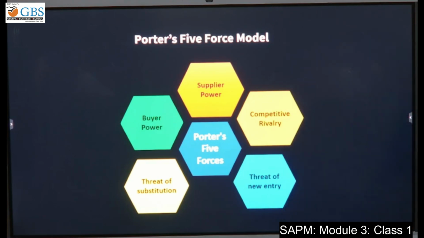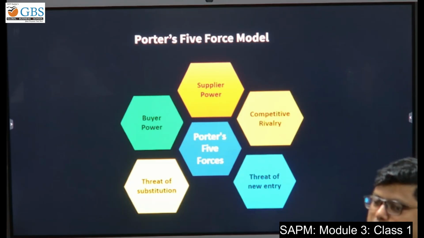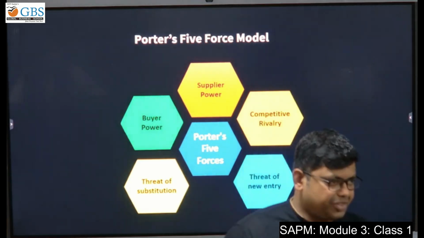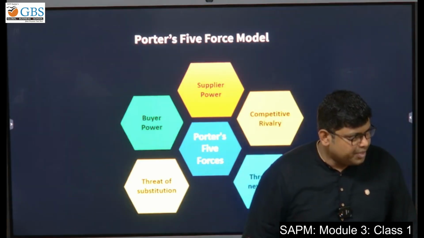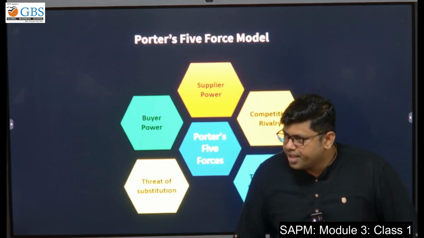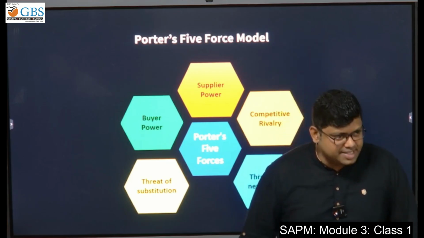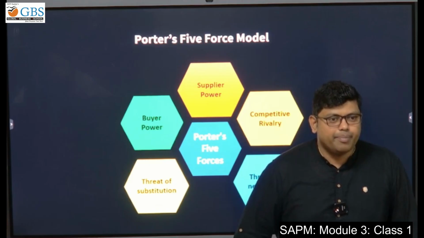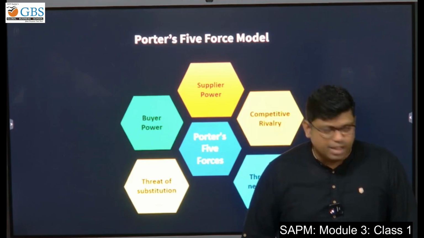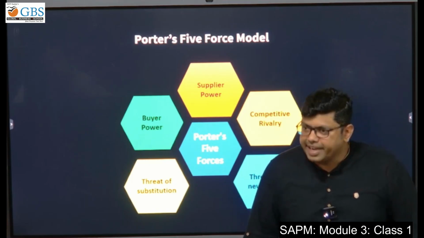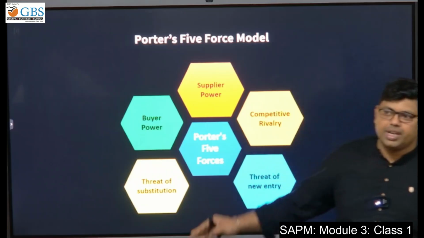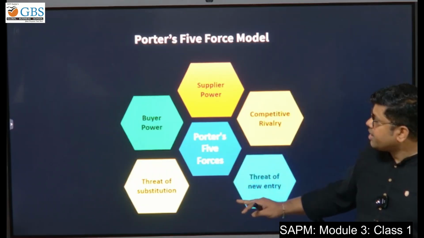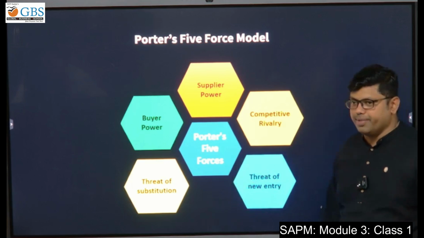You should know this concept. Okay, this concept will help you to understand more about that particular industry. So you being the entrepreneur or the investor, before getting into any business or before investing in any industry or a company, you should analyze this, that is Porter's 5 force model.